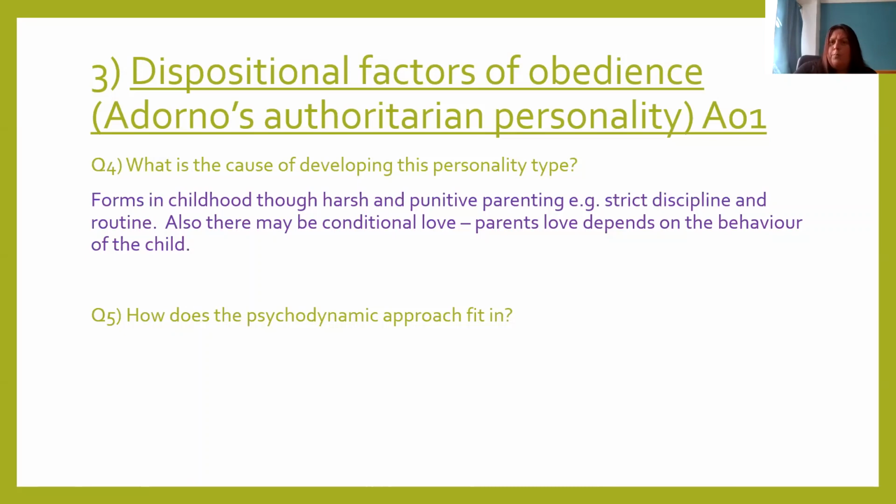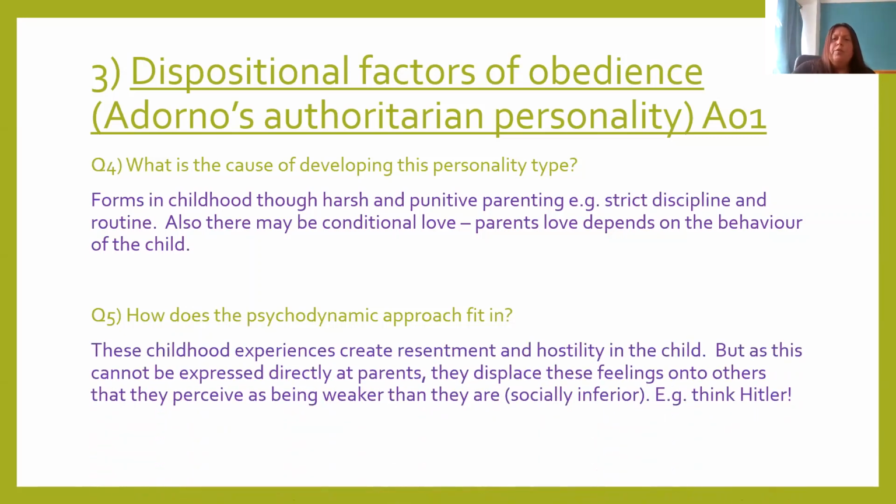Well, through this strict upbringing, they recognise who they should be obeying, and they've developed their own stereotypes and their own views. So during that time of being punished themselves and not being able to express how they feel, it actually creates inside them, if you think about defense mechanisms, a little bit of resentment and hostility.